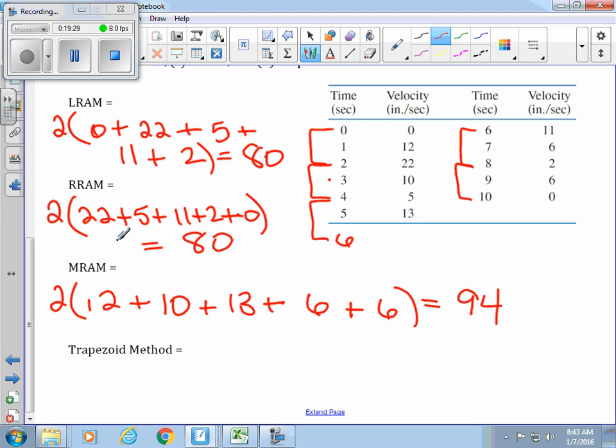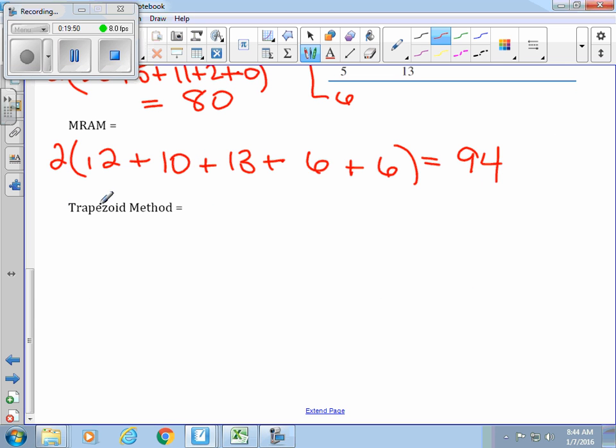Is that always true? Not necessarily. Now, if you're always increasing or always decreasing, then yes, an average or a trapezoidal approximation would be the best. But sometimes with a fluctuation, a midpoint approximation may be the best. So who knows? We'll talk about that in a moment.